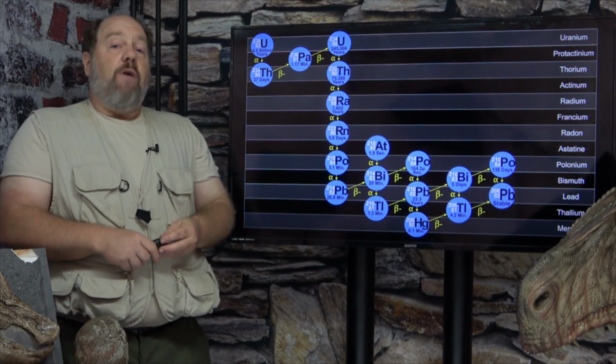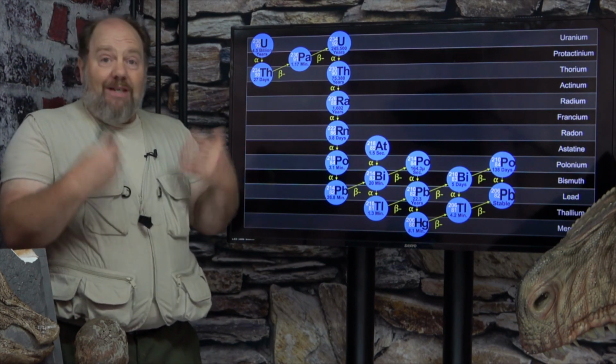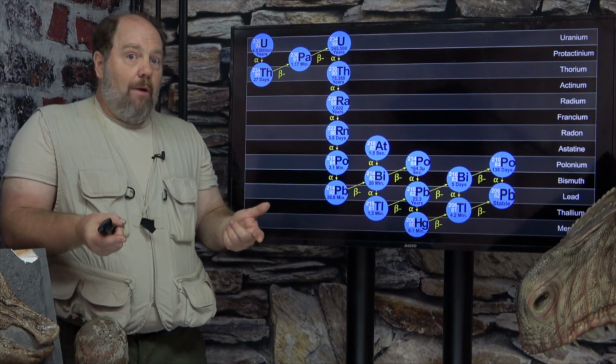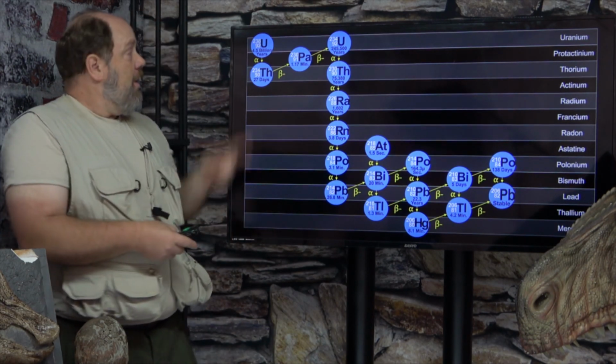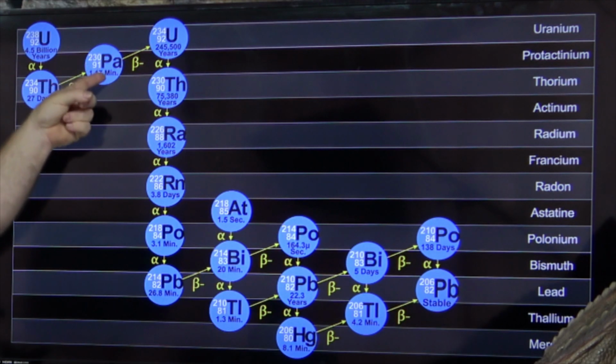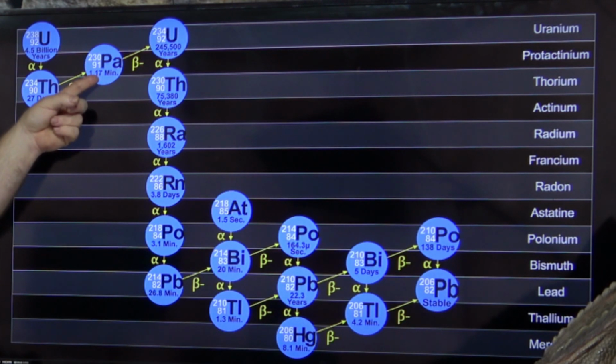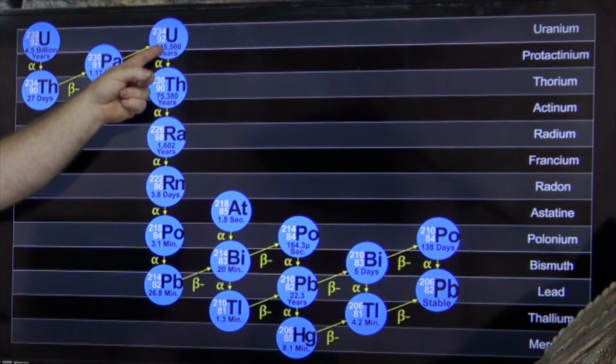For a lot of radioactive isotopes, they transmutate into another element, which is also radioactive, and it transmutates into still another element. Take uranium-238, for example. Through an alpha emission, it decays into thorium-234, which through a beta emission turns into protactinium, which through a beta emission turns it back into uranium-234.